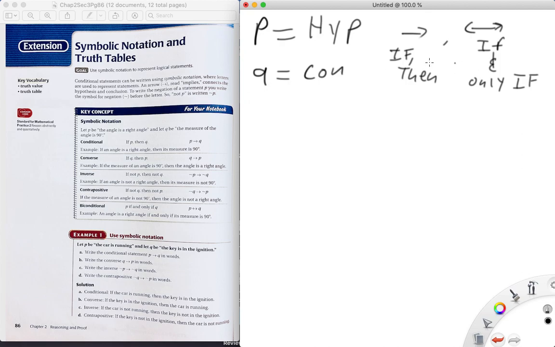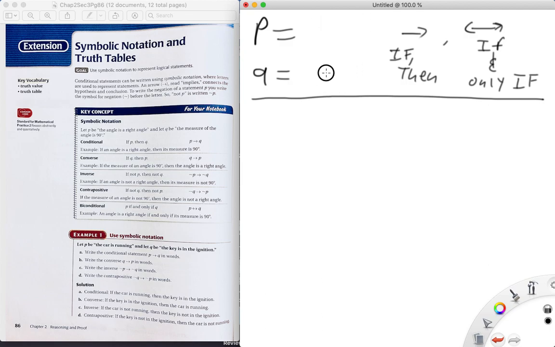Okay, those are our conditions. P is the hypothesis, Q is the conclusion. The arrow going to the right is if and then.